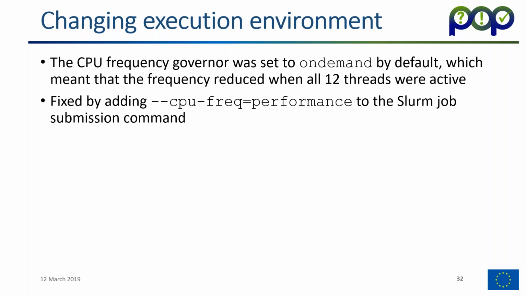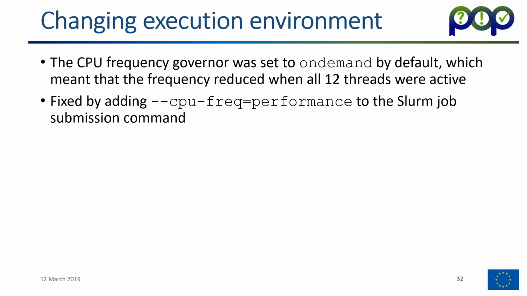And by default, there's something called the CPU frequency governor that was set to on demand. And what this meant was when all the cores in the machine, 12 in this case, were being used with threads, this CPU frequency governor set to on demand was actually dialing down the frequency of the CPU, presumably for power draw or heat dissipation reasons.